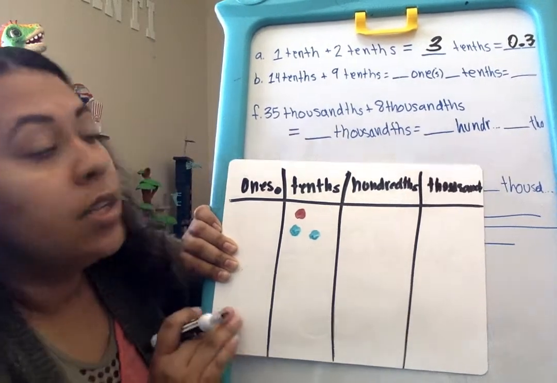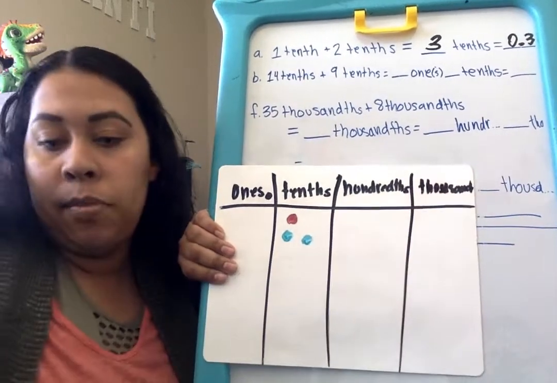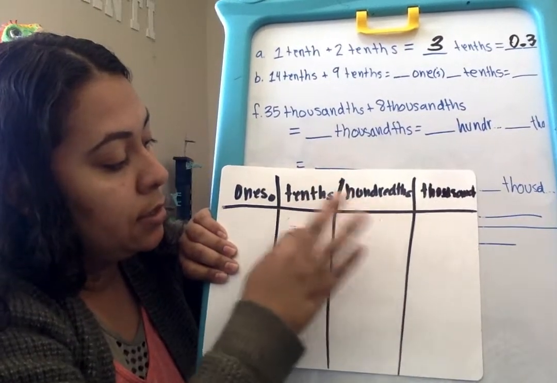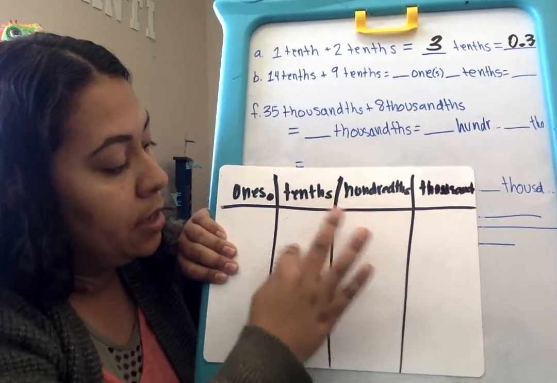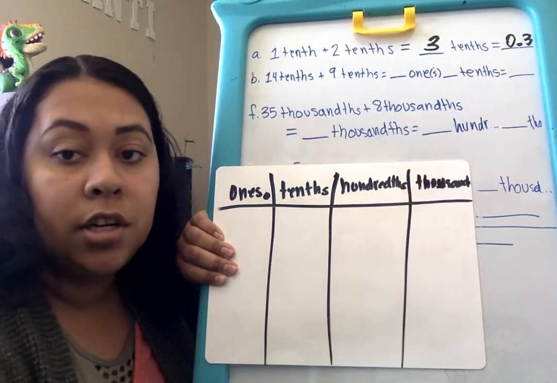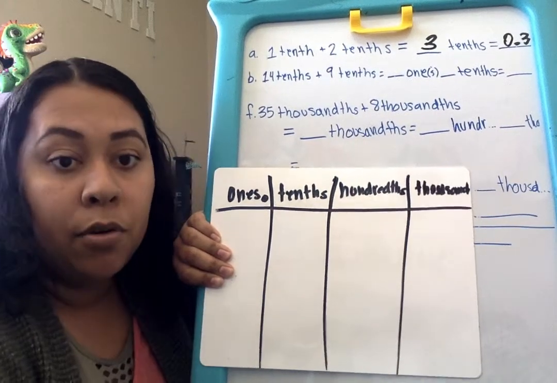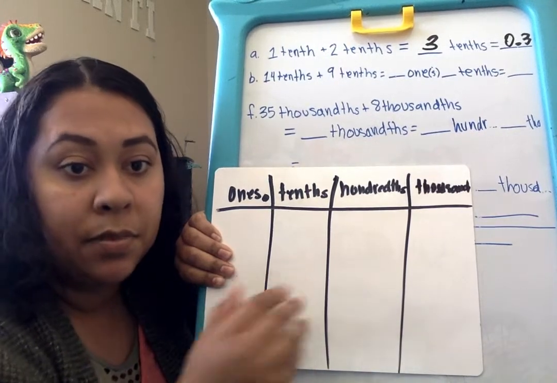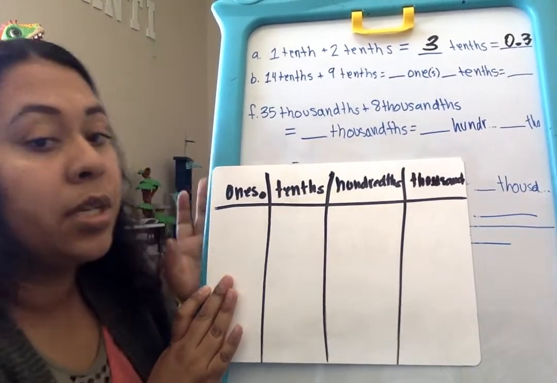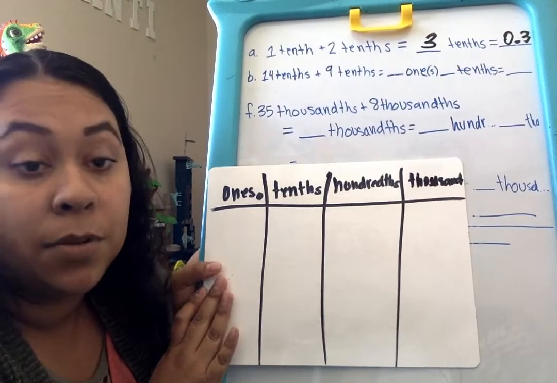Okay, so now let's do B. So I'm going to erase these because I have a new problem to work with. On your place value chart, you would just click on them and drag them around. You can take them all off or leave some and then take some, however you see that it's going to be easiest for you.